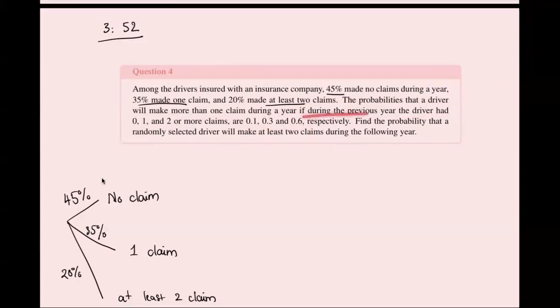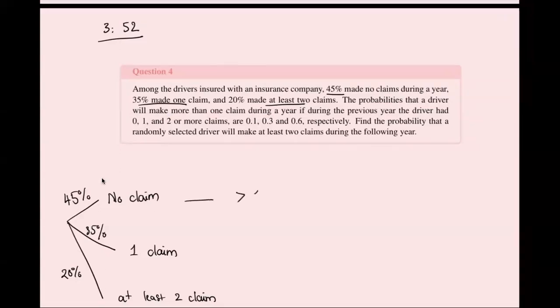If the driver had made 0 claims in the previous year, then the probability that the driver makes more than one claim during this year is 0.1.